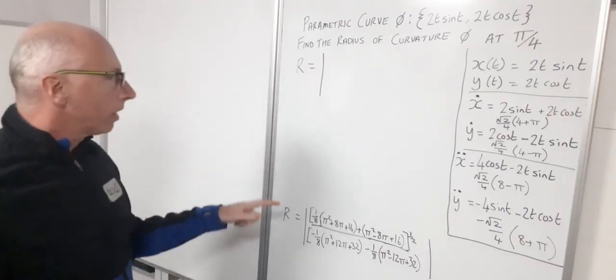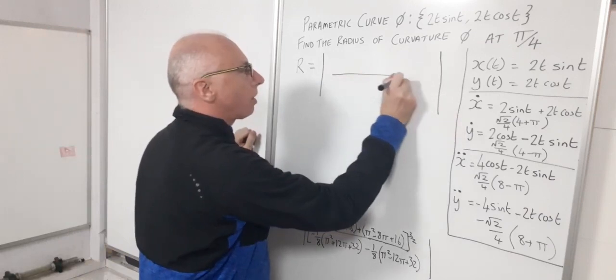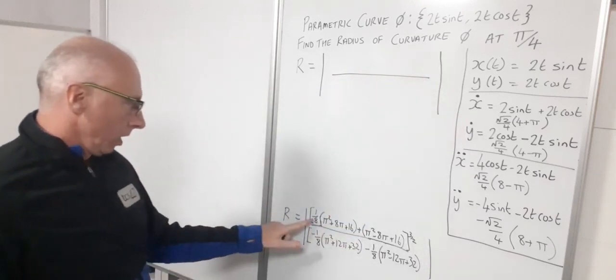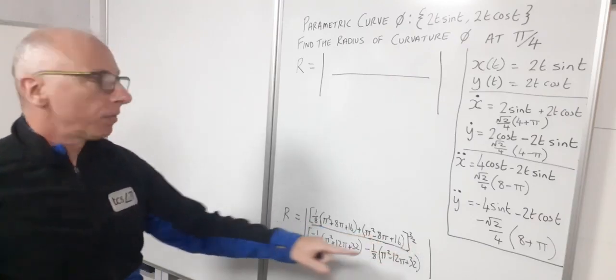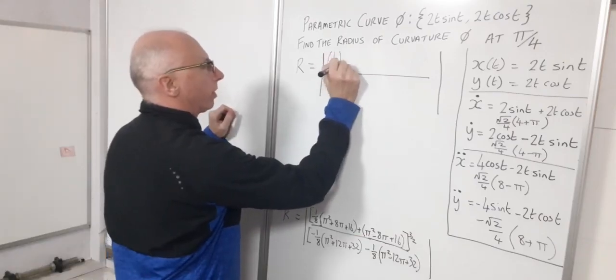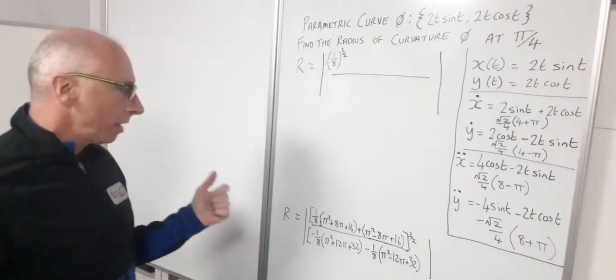So absolute values, let's give ourselves a bit of space to work in, and our fraction. So what have we got here? Let's take out a 1 over 8 to the power of 3 over 2. So 1 over 8 to the power of 3 over 2. We know what that is, but we'll come to that in a moment.